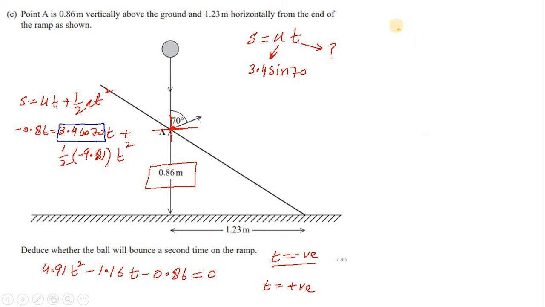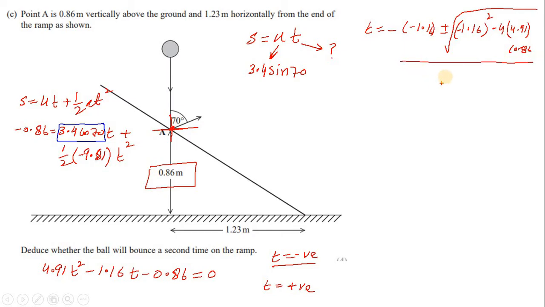I'm just writing here one form. t would be equal to minus b, so minus (-1.16), plus or minus the square root of 1.16 squared minus 4ac, where a is 4.91 and c is -0.86, all divided by 2a, which is 2 times 4.91, or you can use a direct calculator.